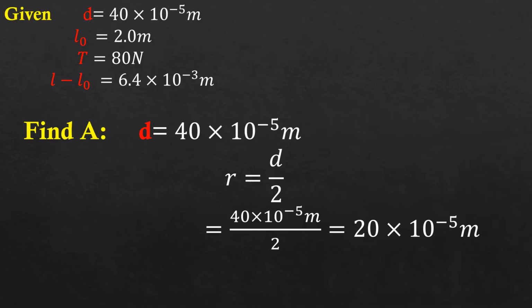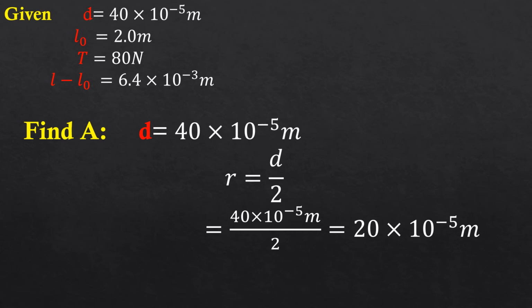Okay, students, so we have the givens here. We have a diameter, initial length, force, and also delta L. So students, physics is not like math. You have to focus on the meters, millimeters, kilograms, grams, Newton, Pascal.